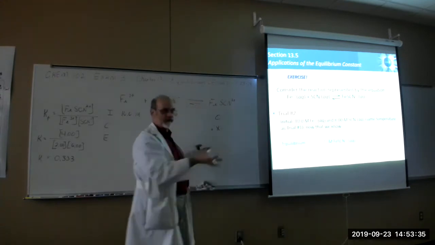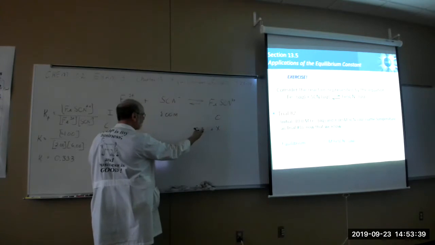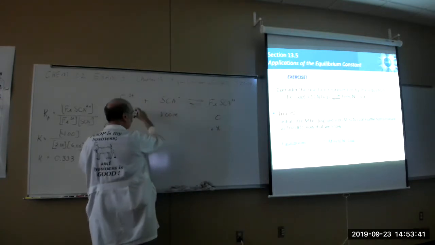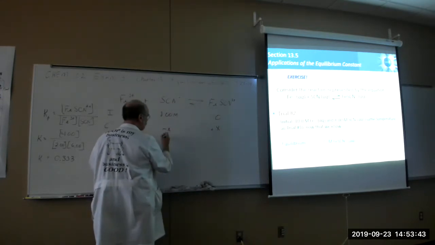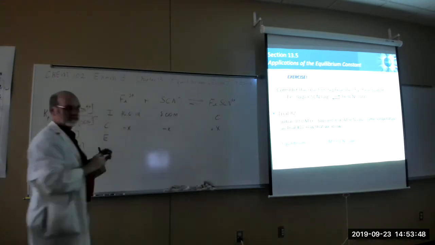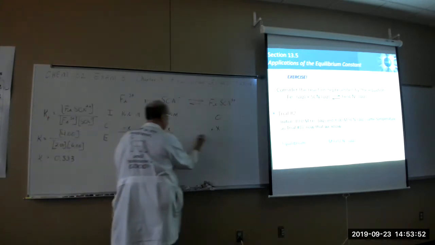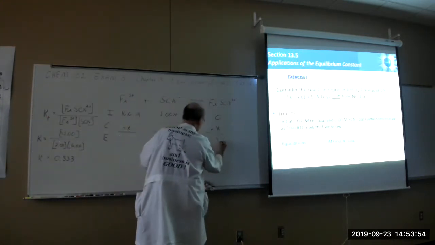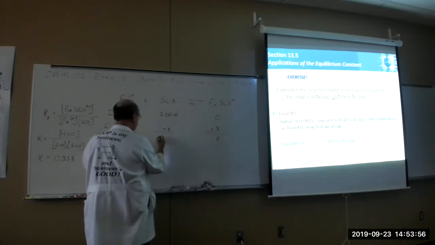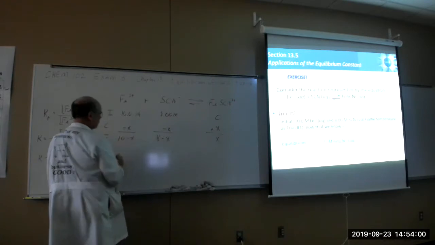And if it produces some like that, since they're 1 to 1 to 1, it had to lose the same concentration here and there. Correct? Okay. So now the change is going to give us X there, 8 minus X here, and 10 minus X here.